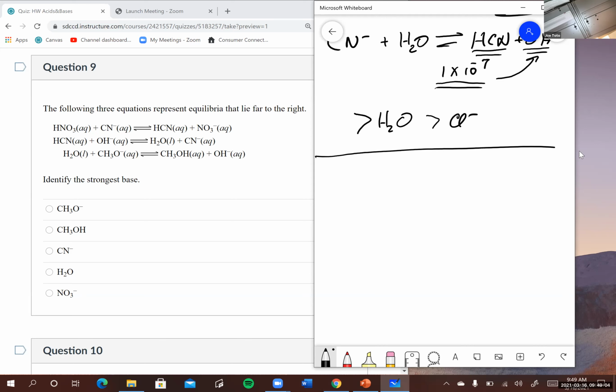Does anybody recognize what that is? Could it be, first of all, for NO3 minus, could it be an acid or a base? What do you think? A base? Yeah. Why do you think, from what we talked about last time in our discussion, NO3 minus might be a base?